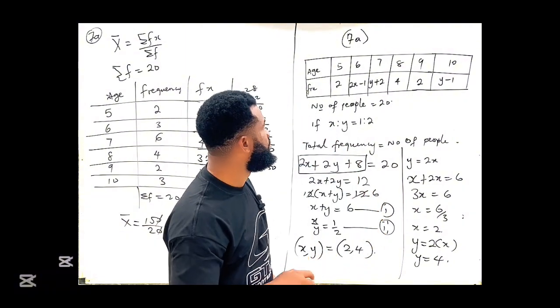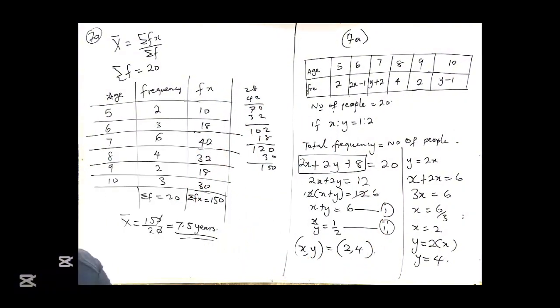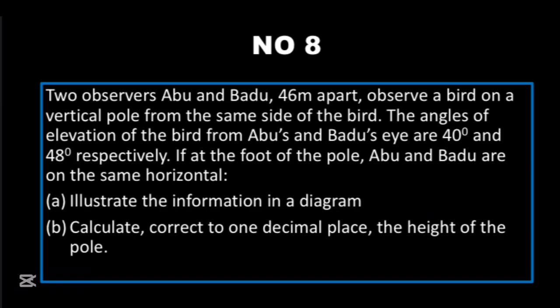So we are going to number 8. Number 8 is bearing. That should be 7B, not A. Now the question says, two observers, Abu and Badu, 46 meters apart, observe a bird on a vertical pole from the same side of the bird.